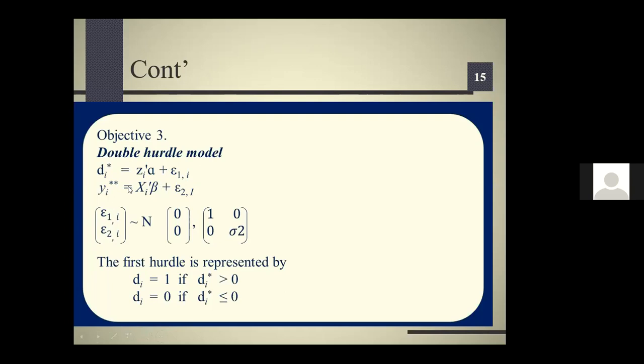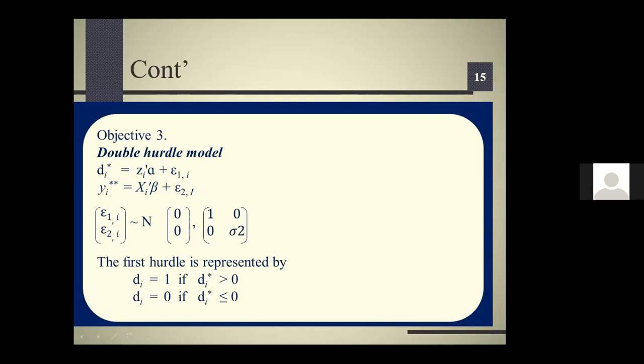So this double hurdle model will give us the opportunity to determine the sustained use of clean fuels, such that hurdle 1 will be to see that households make a decision to transition, and hurdle 2 that the household will make a decision to stay using clean fuels.